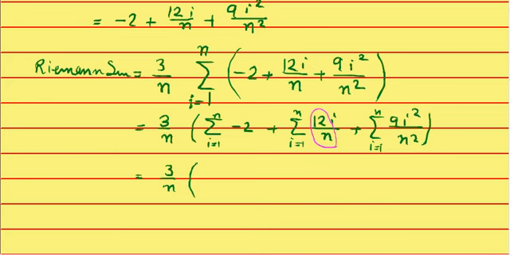That 12 over n can sit outside, and I will have the sum of the numbers i from 1 through n. This one also, 9 over n squared, sum of i squared, i ranges from 1 to n.